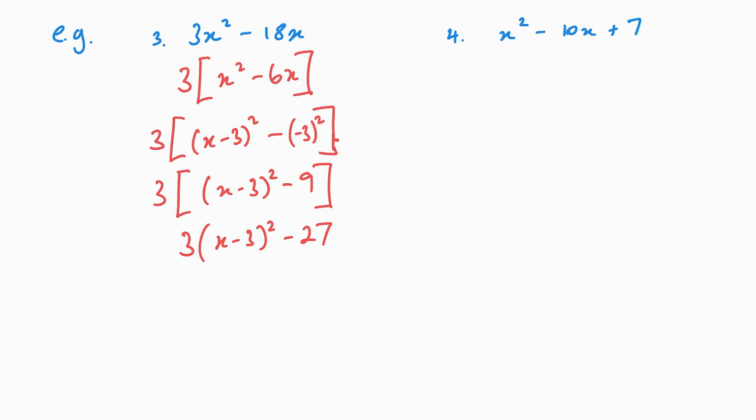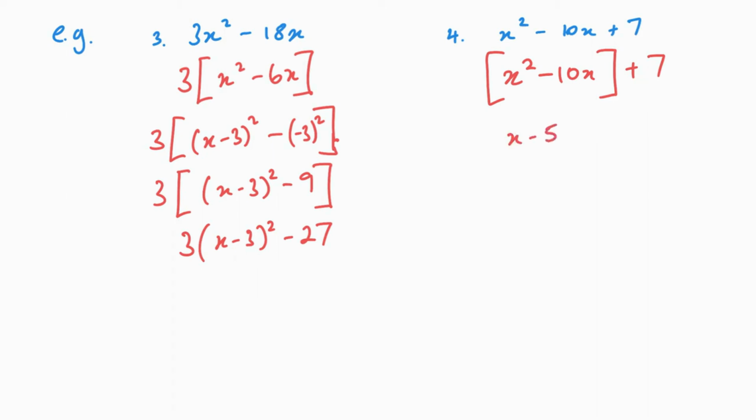Now let's have a look at number 4. Again, I'm going to use square brackets, but I'm just doing this really to show the difference. I'm going to concentrate just on this bit, so that plus 7 you're just ignoring. Again, I wouldn't normally bother using the square brackets. So this is the section I'm concentrating on.